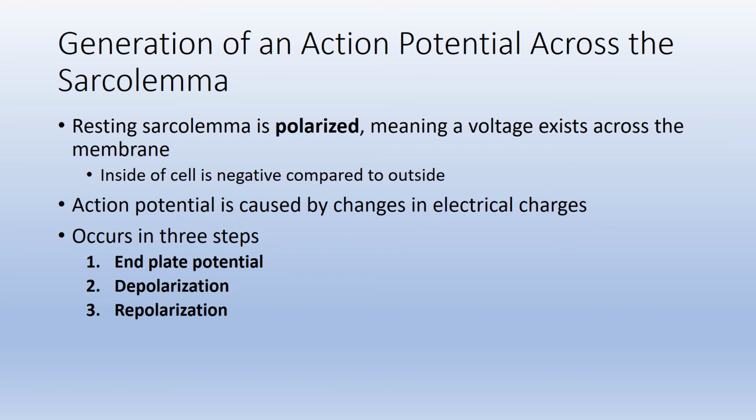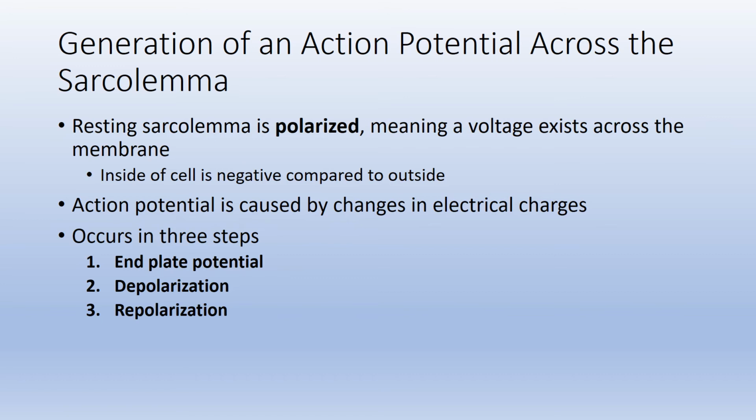This term action potential, or electrical current, is brought about due to changes in electrical charges. Changes in electrical charges are caused by the openings of channels, which allow for the flow of ions.